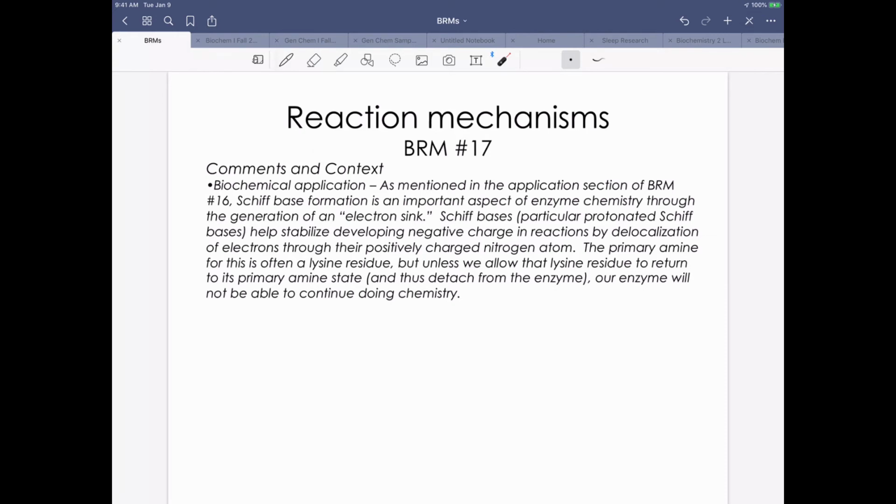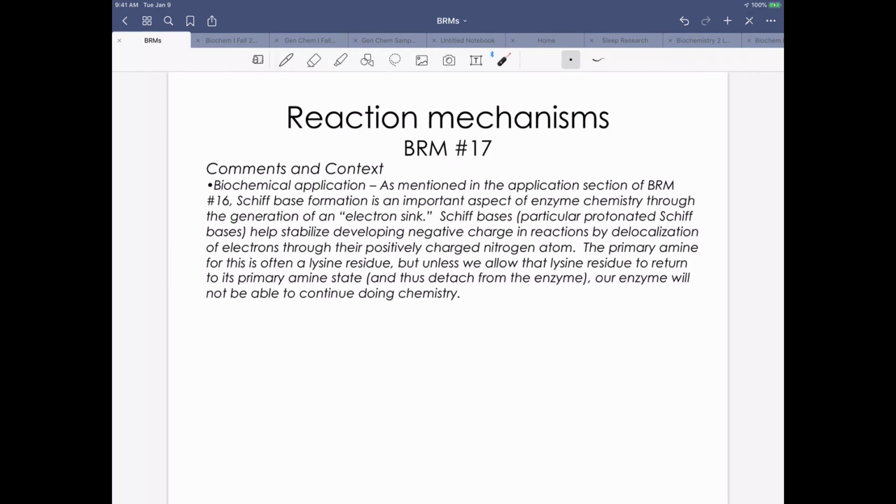So again, we're stabilizing negative charges that develop in some processes. But we need to be able to return our enzyme back to its active state.